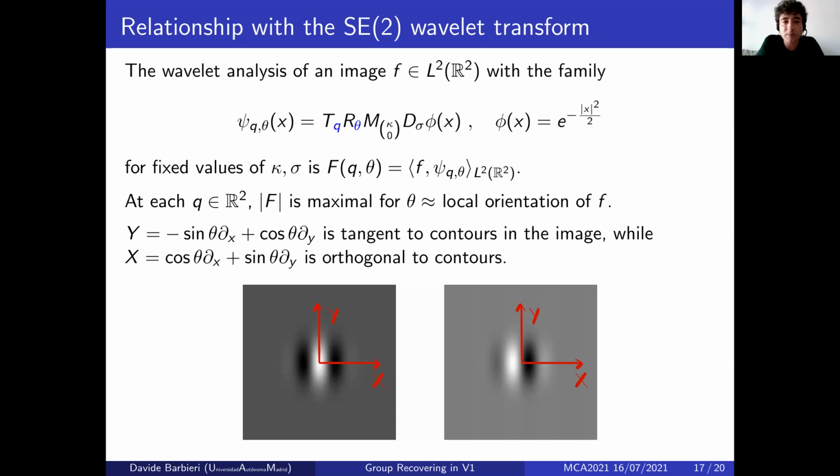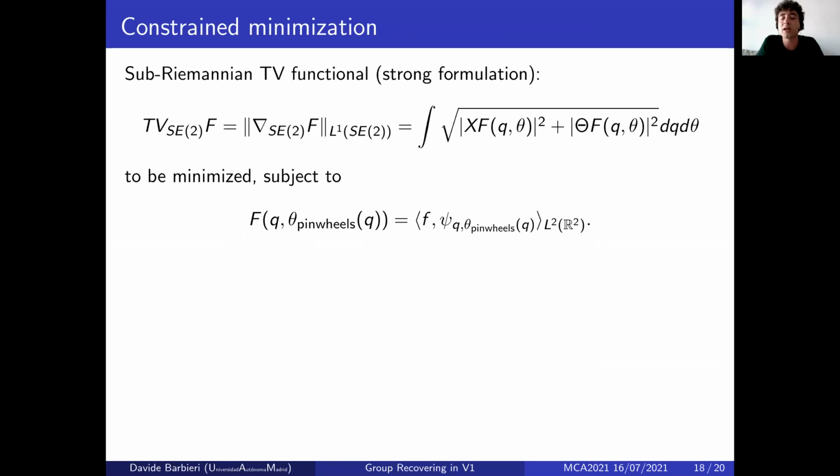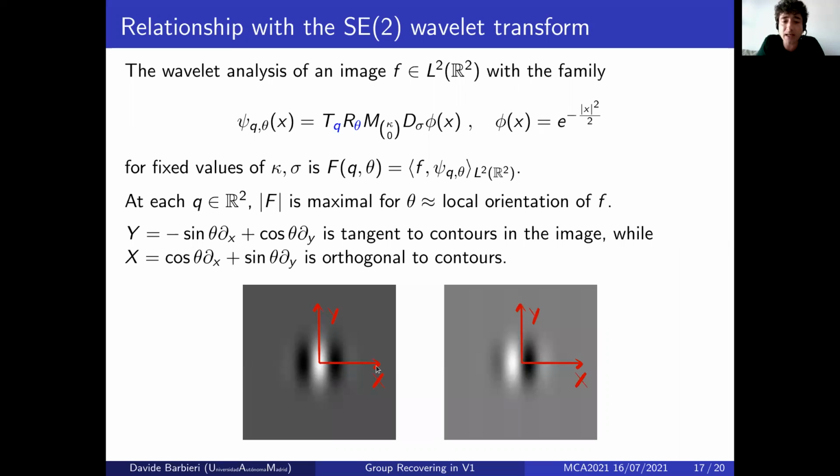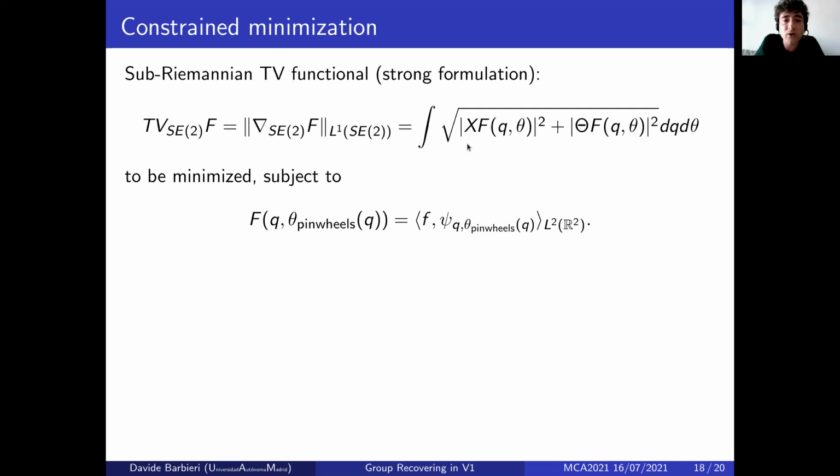Since minimization of the total variation functional, the L1 norm of the gradient, has the objective to exploit sparsity, and sparsity in images is related to the sparse presence of contours, the correct direction with this parametrization of the total variation functional is this one. I have just minimized this total variation functional subject to the restriction that I have.